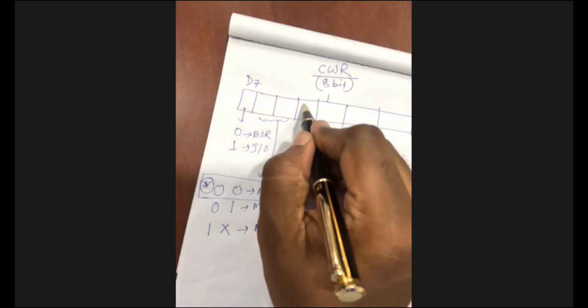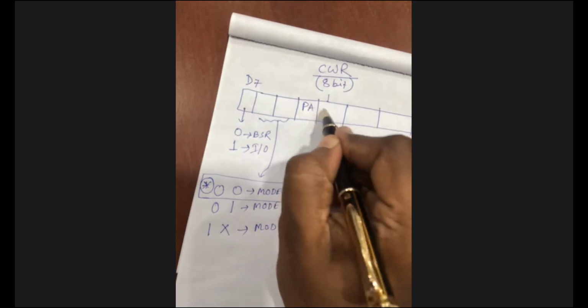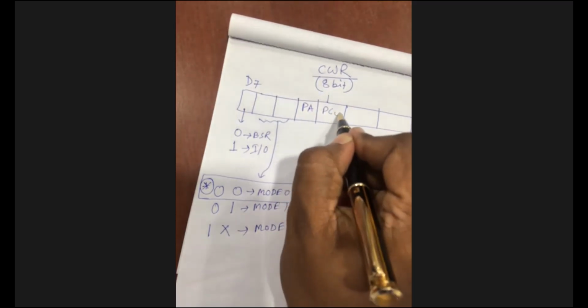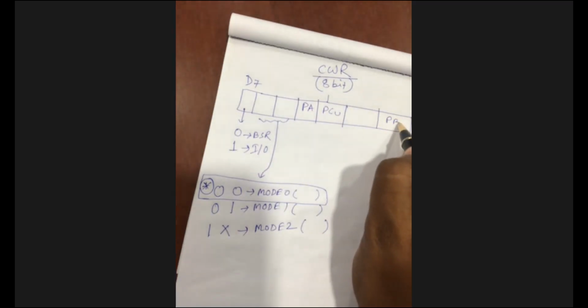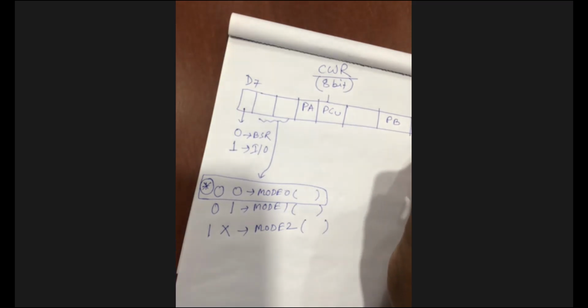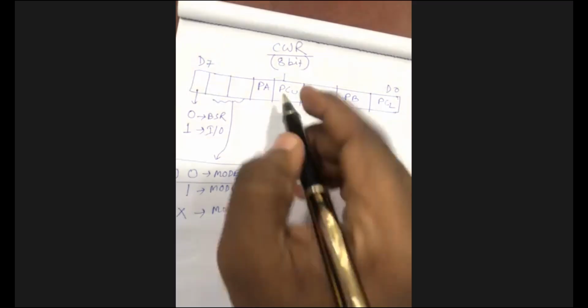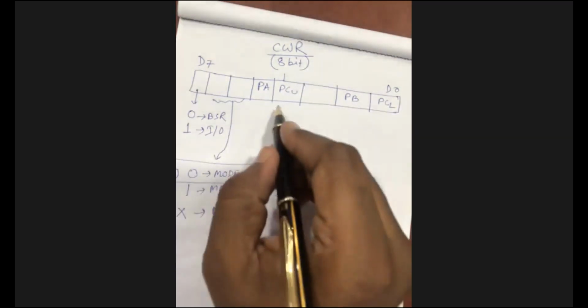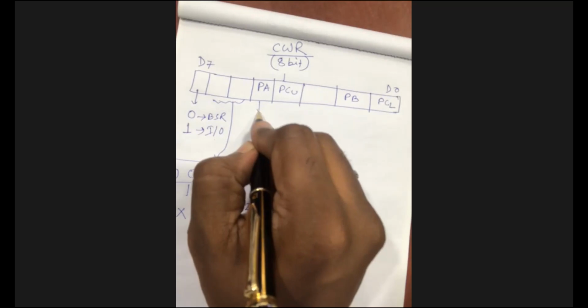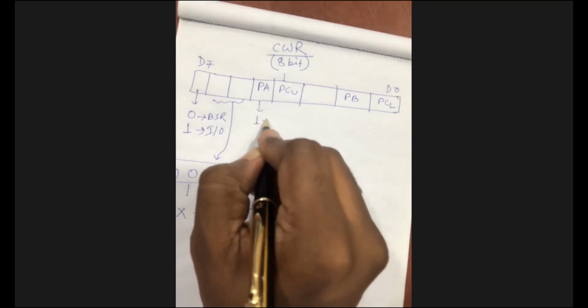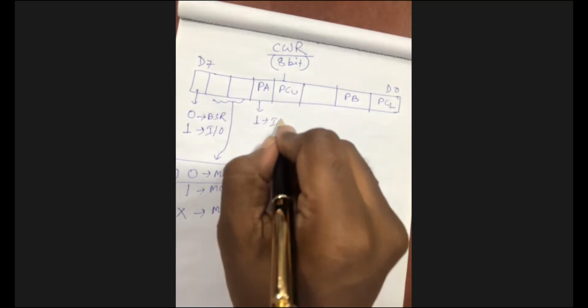This is for PA. This is for PCU. This is for PB. This is for PCL. What does it mean? In simply IO mode, if this bit is 1, it means input.